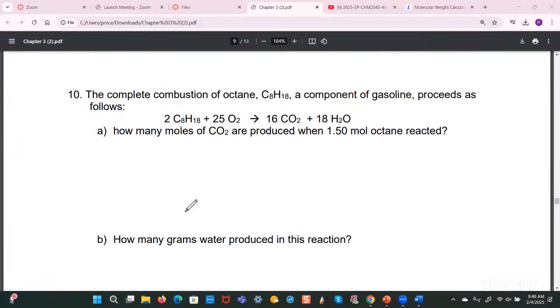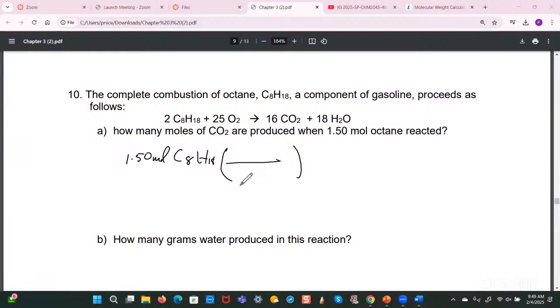Okay, start with the 1.50 moles of the octane, which is C8H18, right? Now remember, you're trying to find the moles of carbon dioxide, so that means you'd have to multiply this by a certain conversion factor. What is that factor? What goes up top here as the numerator, and what goes down here as the denominator?